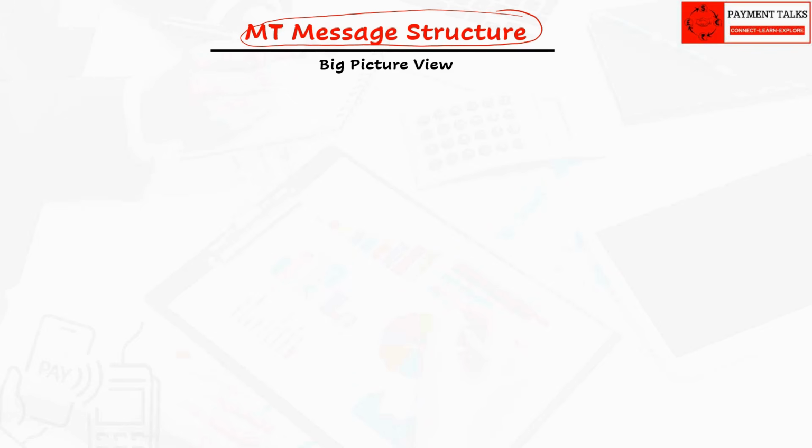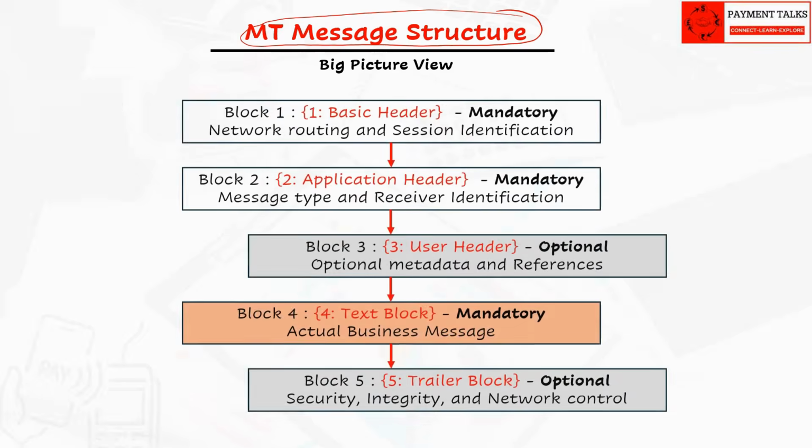Think of it like sending a courier package. Outside, routing and delivery info. Inside, business documents. Similarly, SWIFT MT messages separate network delivery from business content. All MT messages, whether MT101, MT103, MT202, MT940 etc., follow the same universal structure defined by SWIFT.